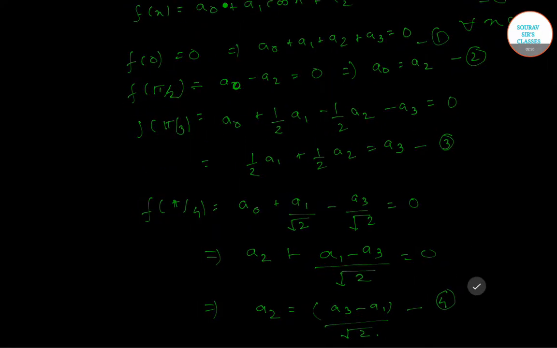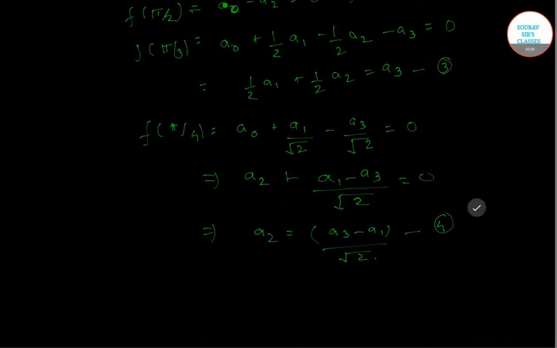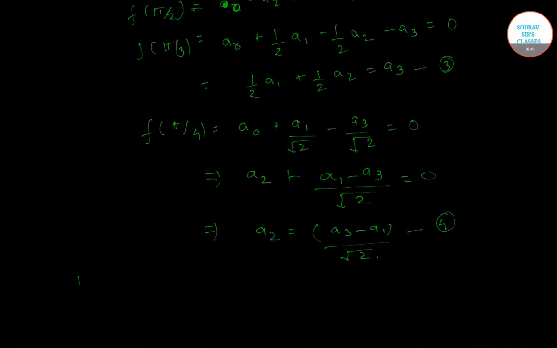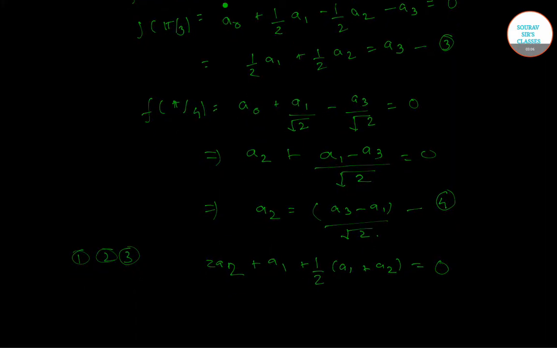Now from equation 1, equation 2 and equation 3, we get 2a2 plus a1 plus 1 by 2 a1 plus a2 is equals to 0, as our a3 is equals to half a1 plus a2 and our a0 is equals to a2.